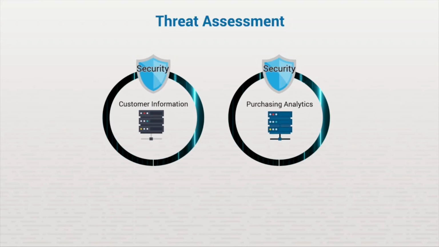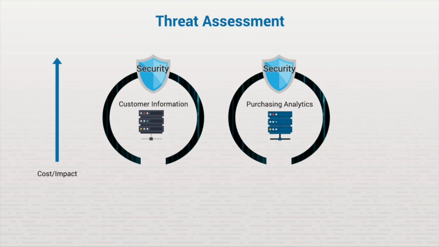Looking at a second example, let's say that your organization keeps customer information in one database and purchasing analytics in another. Through a vulnerability assessment, you discover misconfigurations in the security rules on each database's network security group. The customer information database contains personally identifying information, and the replacement cost is extremely high. The purchasing analytics database contains purchasing trend information that's valuable to your organization, but not to anyone outside of it.